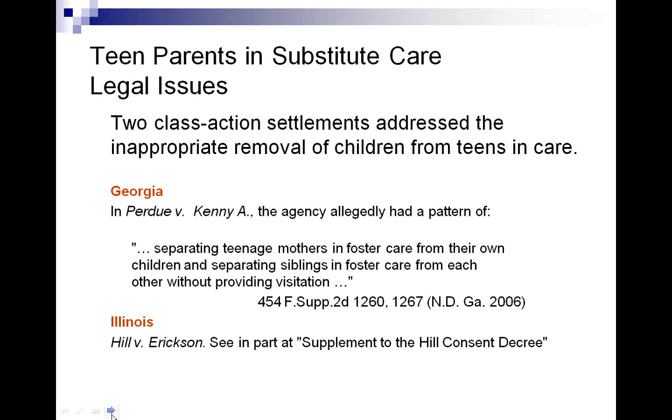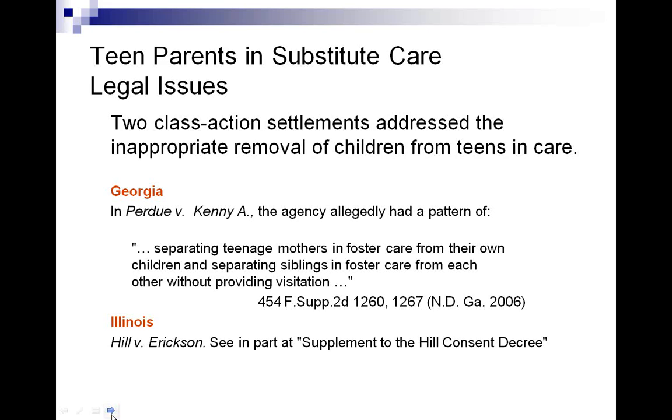So we did a broad search for any court cases involving teen parents in foster care. In the end, we only found 30 cases across the country, but I've read them all, and they do corroborate that there's some cause for concern about how, as a system, all the stakeholders, child welfare courts, and service providers are treating these youth and their children.